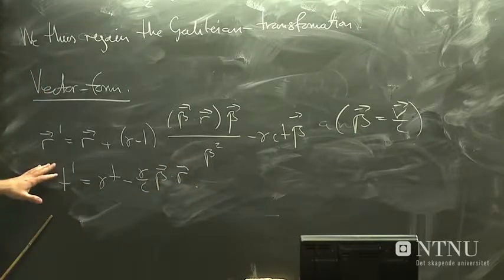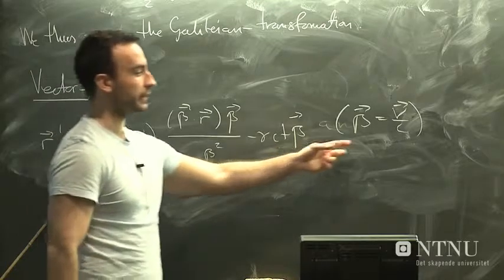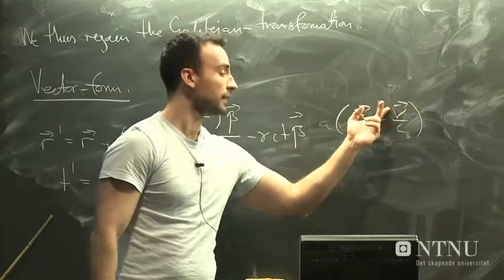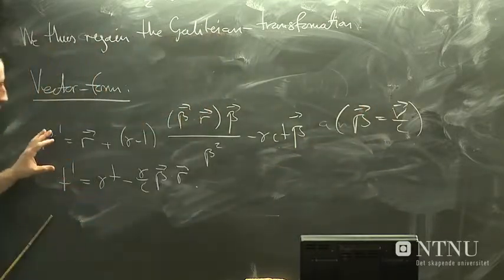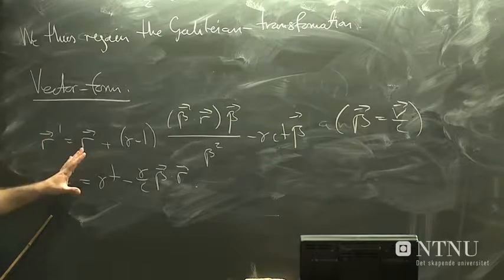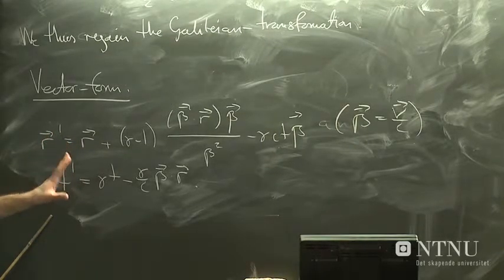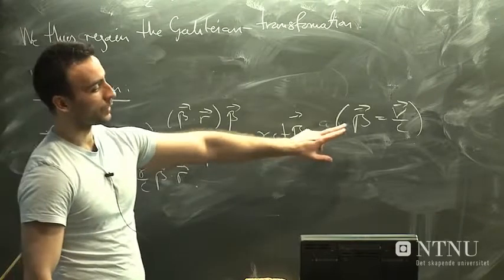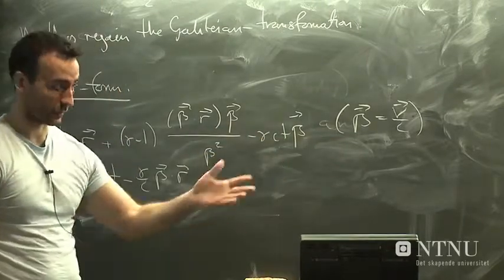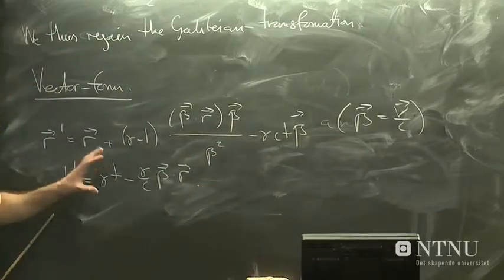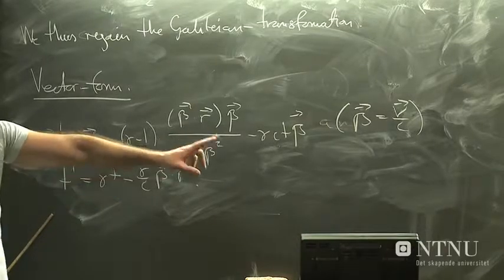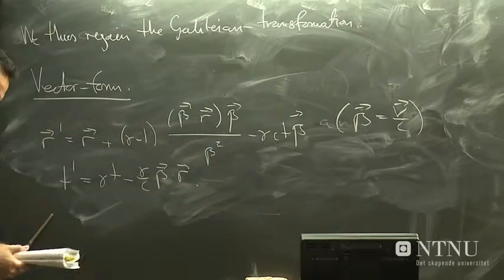So in vector form, where now you have a velocity in an arbitrary direction, the transformation equations look like this. And you can easily verify that in the special case where beta is along the z-axis, as we considered, this reduces to our set of transformations.